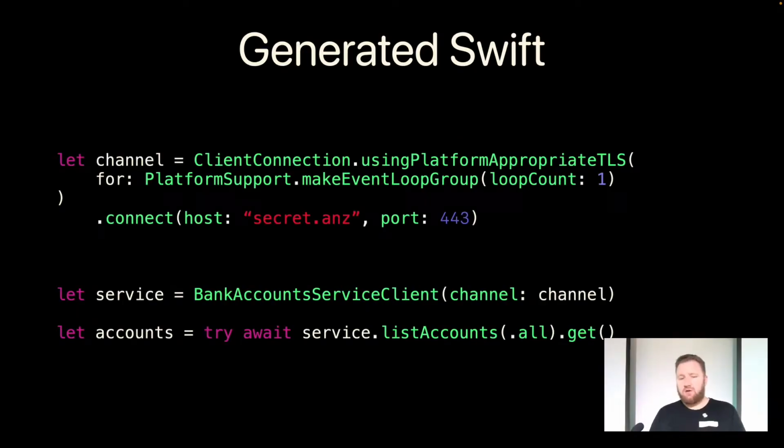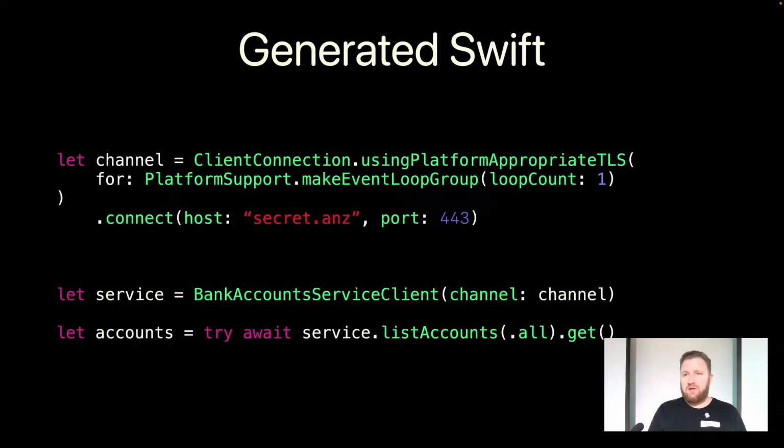As for actually using that code, that's pretty straightforward too. You create a client connection, which is built on top of Swift NIO. So again, another common theme with Simon's talk from before. Everything seems to be built on top of Swift NIO these days. gRPC will call this a channel, again, because it's protocol agnostic as far as that goes.